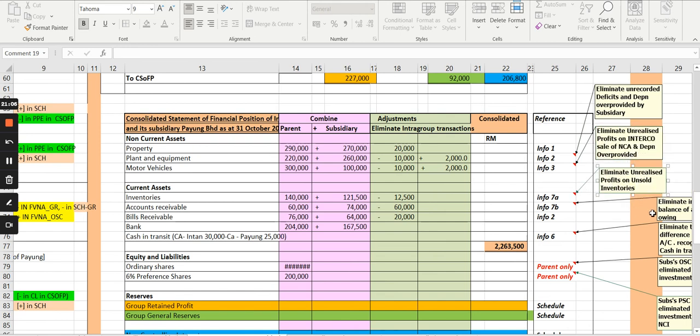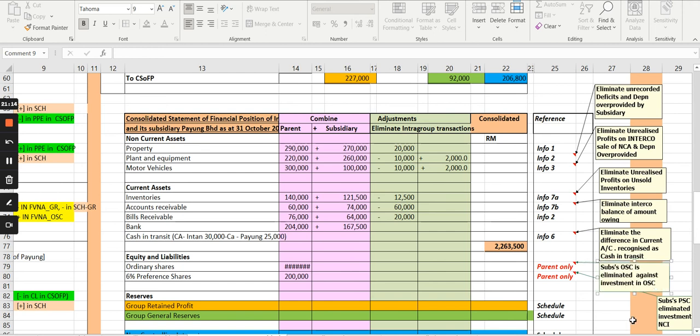So I'm sharing it with you here. You can refer to this later. Take time to digest, take time to understand, because consolidation is a tedious process. So take things easy so that you can at least understand bit by bit.